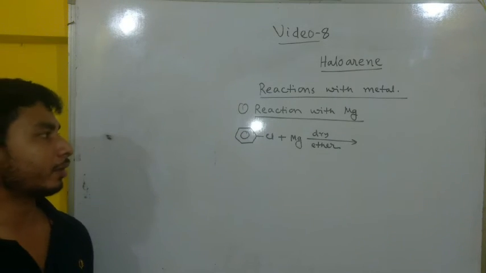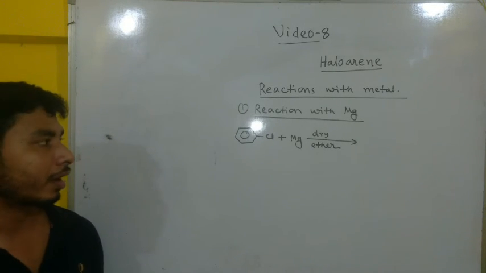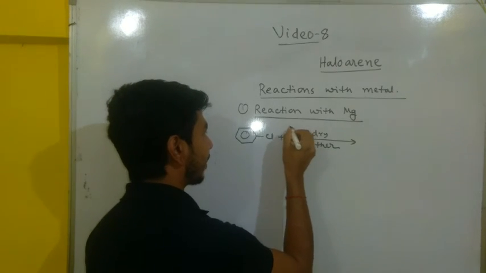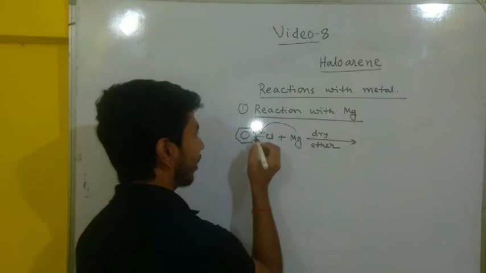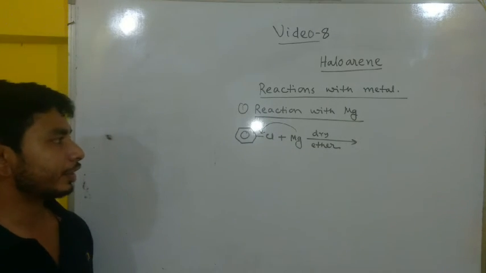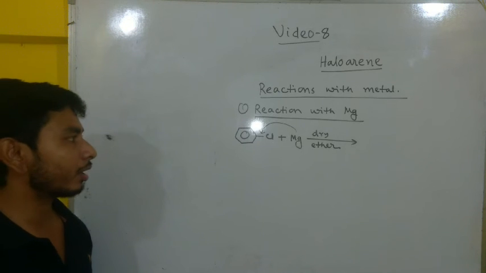In the reaction with magnesium, the magnesium is inserted between the carbon and halogen.